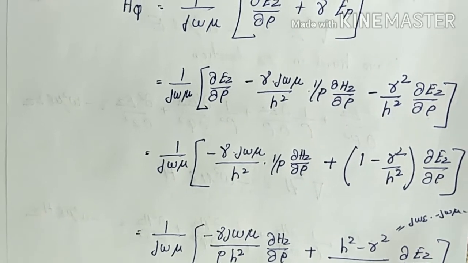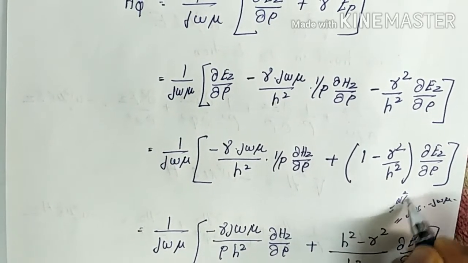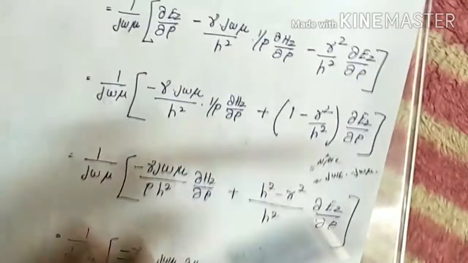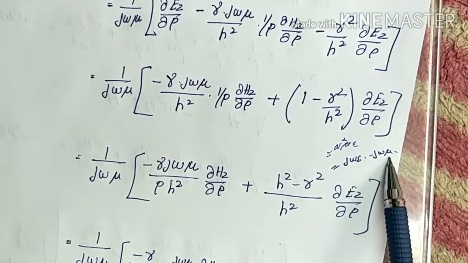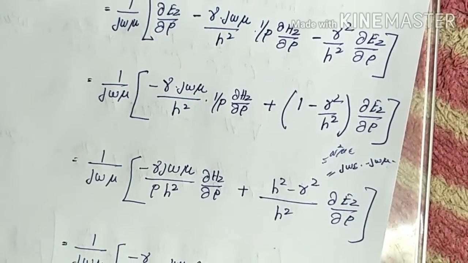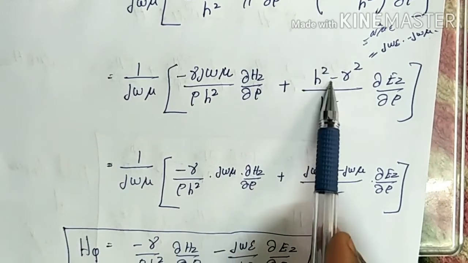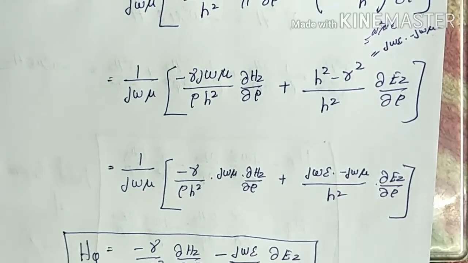h square minus gamma square is equal to, by the constant, omega square mu epsilon. So omega square mu epsilon can be written as j omega epsilon into minus j omega mu. So substitute in this place, instead of h square minus gamma square, j omega epsilon into minus j omega mu.